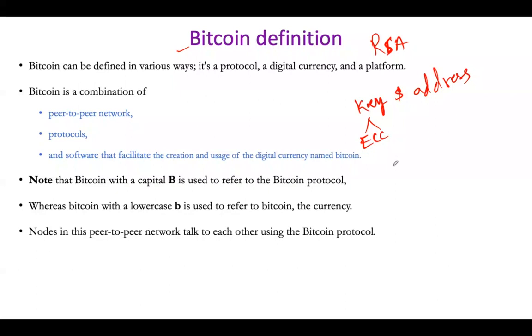So the Bitcoin address is created by taking the corresponding public key of a private key and hashing it twice.